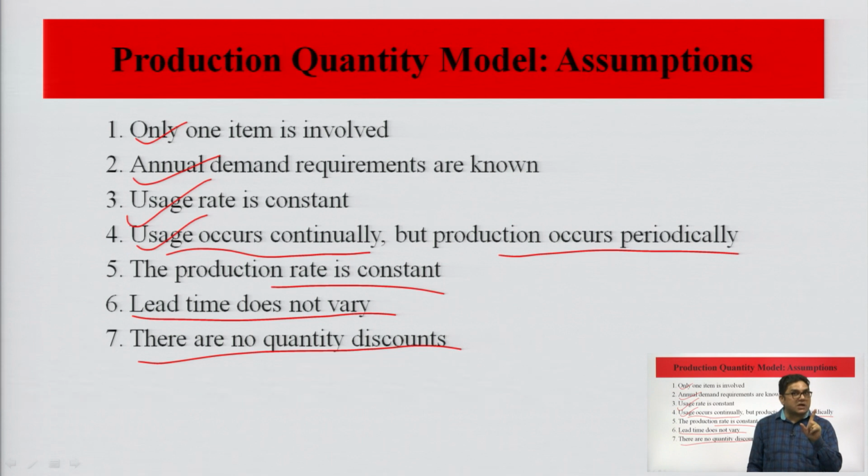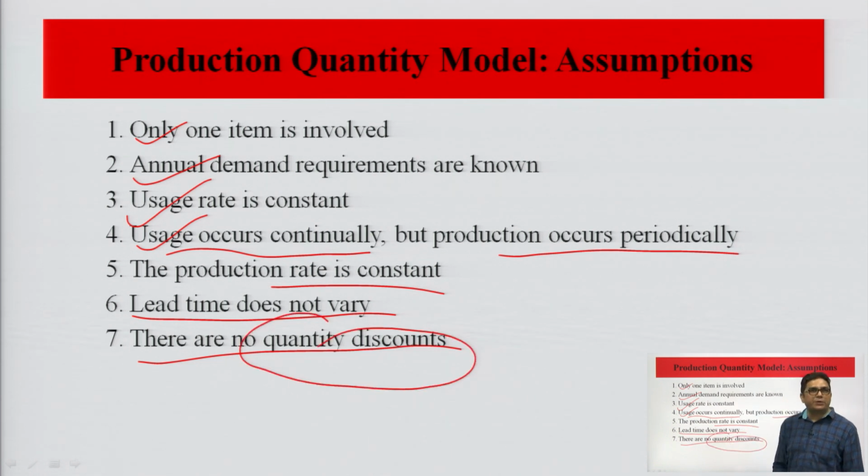Unlike the quantity discount model, which is the third one after this, where the company gives some discount to attract the customer to buy a larger quantity, the economic production quantity model and the economic order quantity model both do not assume any discount given by the company to the consumer.